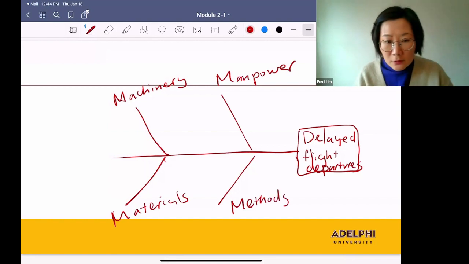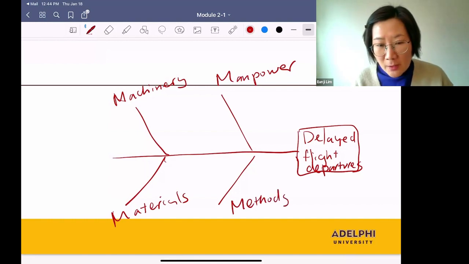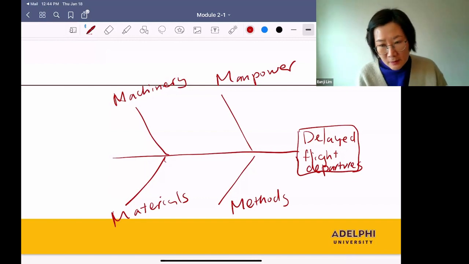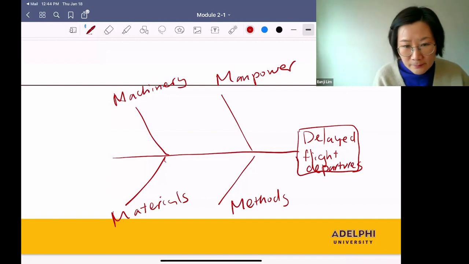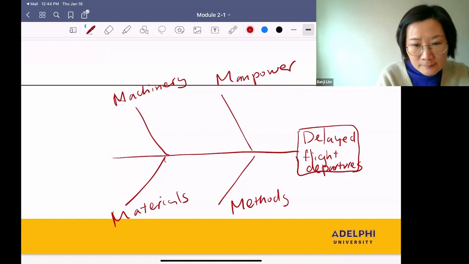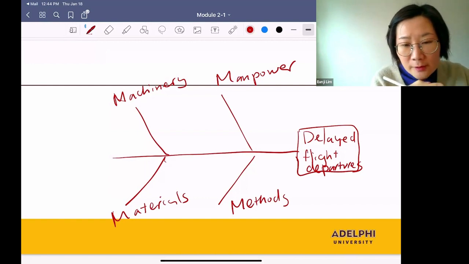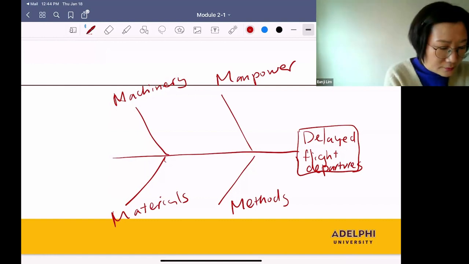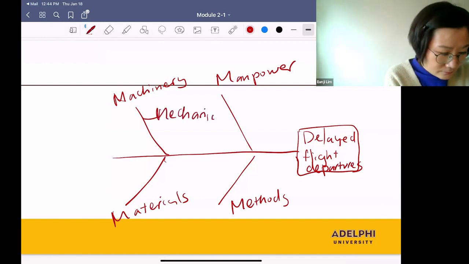And we're going to think of all the possible causes of our problem, and we're going to list them under these categories. So, what can be the reason for delayed flight departures? Is there any mechanical failures? Mechanical failures, where does it belong? Machinery, right? Mechanical failures.